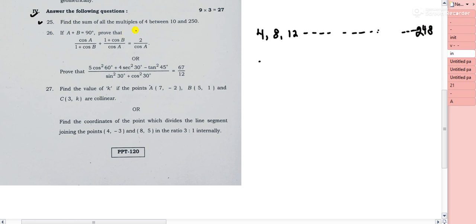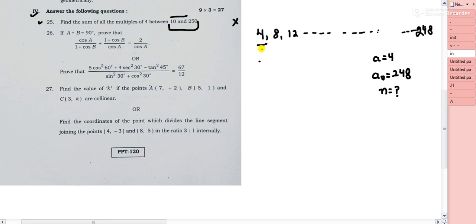Now you have to find the sum. So write the data. The first term is 4 and an, that is the last term, here is 248. Correct? What about n? We don't know this, right? But is the first term 4 correct? No, it is not. I'm doing this purposefully. See, they have asked to find the sum of multiples of 4 between 10 and 250.